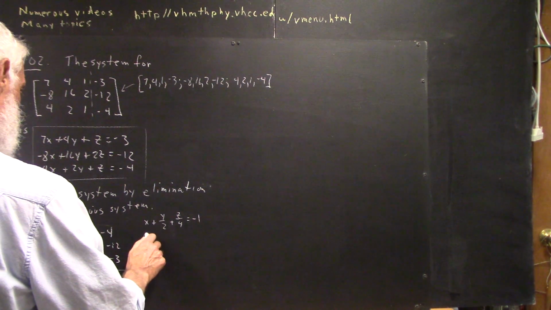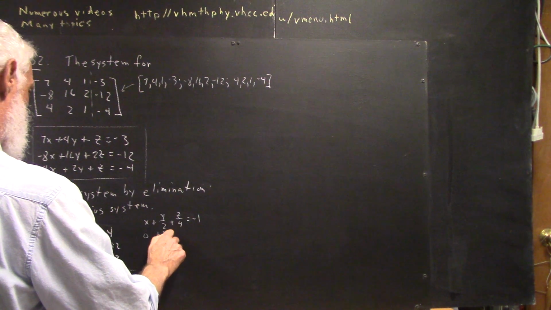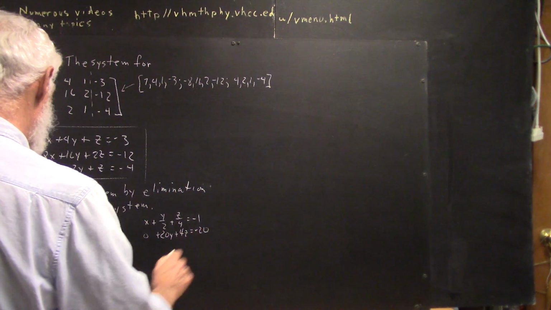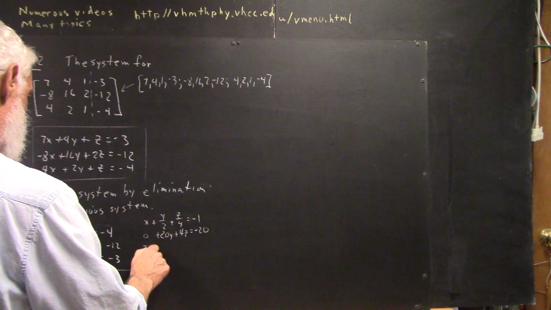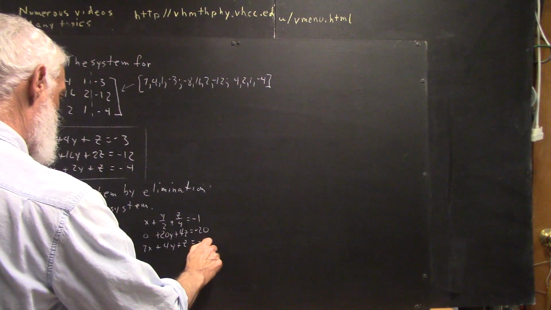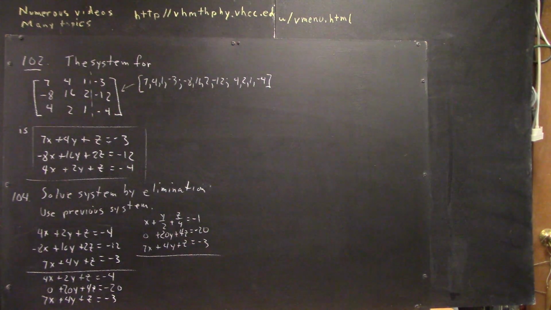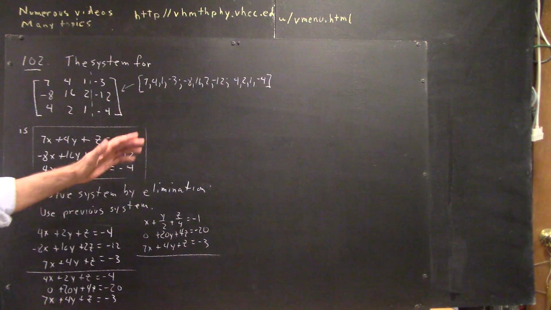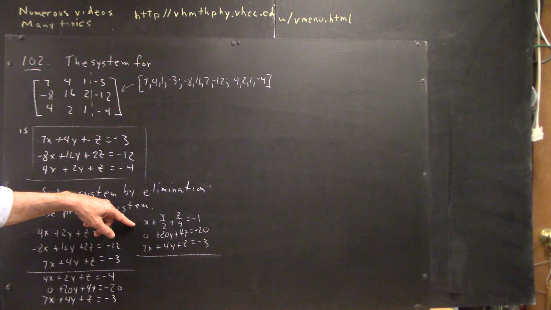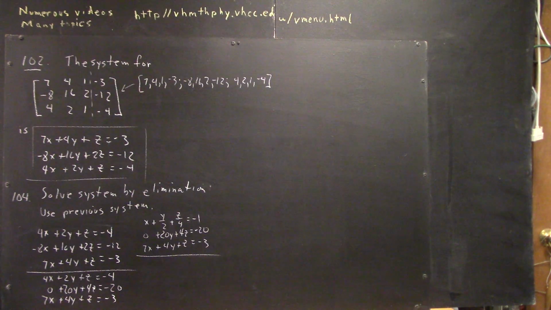And then I'll have the second row and the third row. So I just rewrote the whole system. I just did one operation. I want to do one operation at a time. I don't want to combine them.